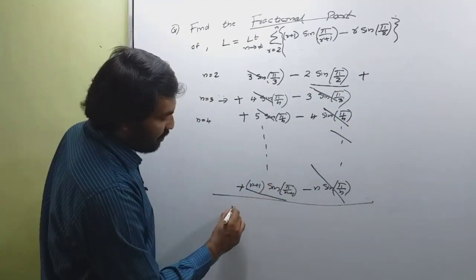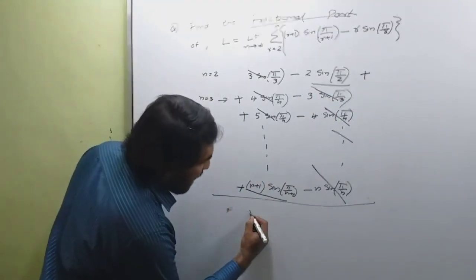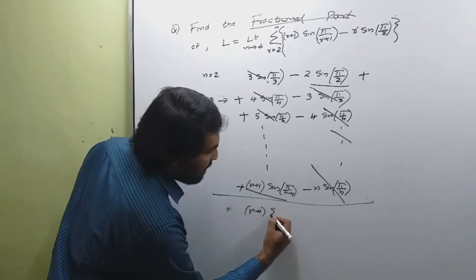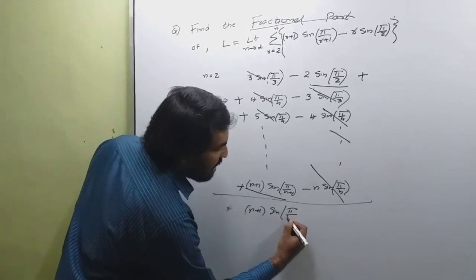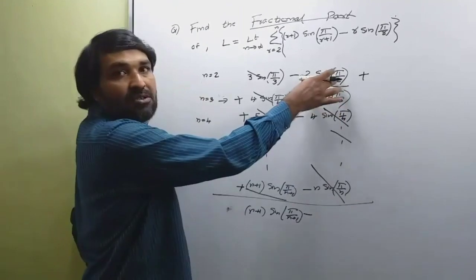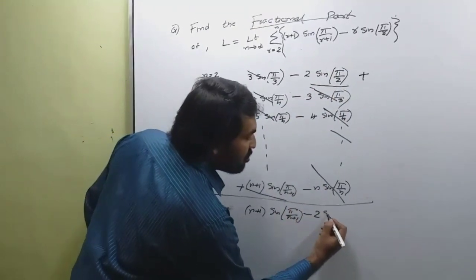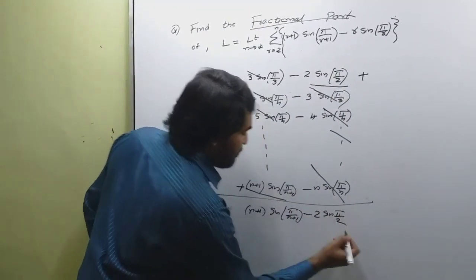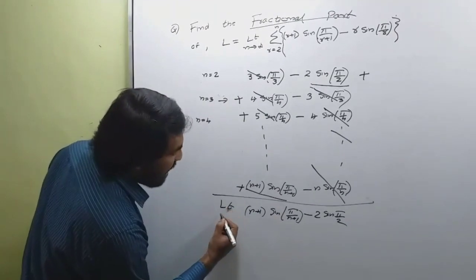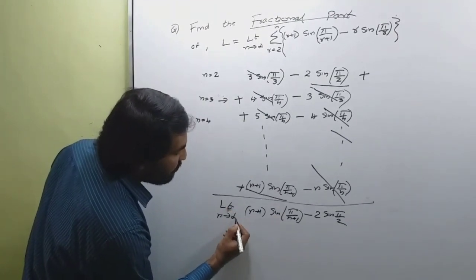So this is equal to (n+1) sin(π/(n+1)) minus 2 sin(π/2). Now apply the limit, n tends to infinity.